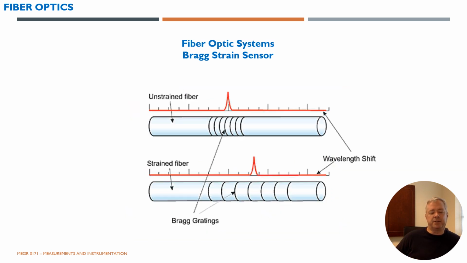And I think this is just a final way to look at it. You see this unstrained wavelength and how it changes to this newer wavelength when it's stretched. So I think we're just going over a couple different ways here of how these work and trying to explain it and make it easy to understand.